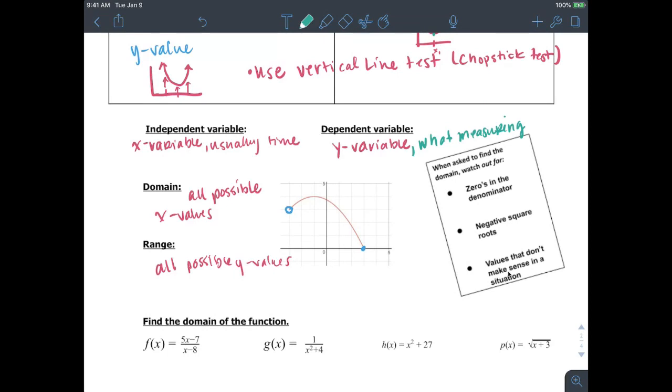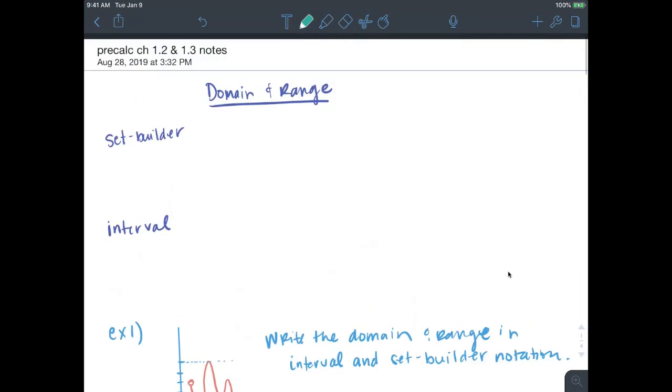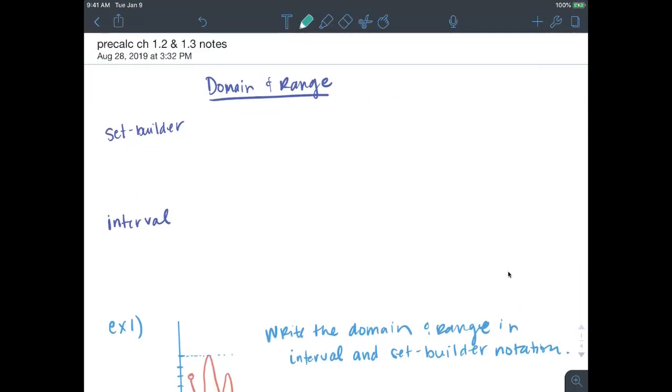I'm going to skip down and we're going to do a little bit extra notes on domain and range. There are 2 different ways to write a domain and a range. One is set builder. I think this is the one you've seen more often.